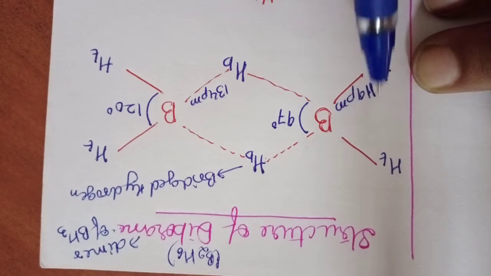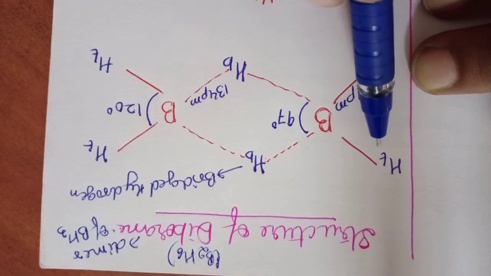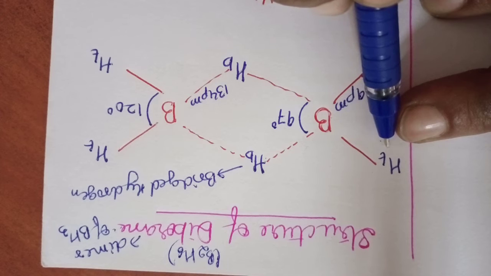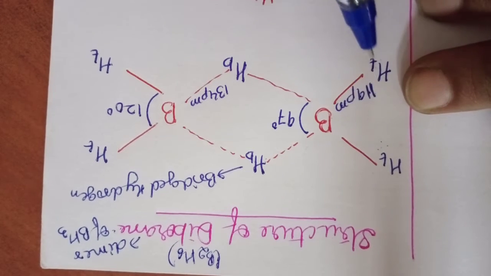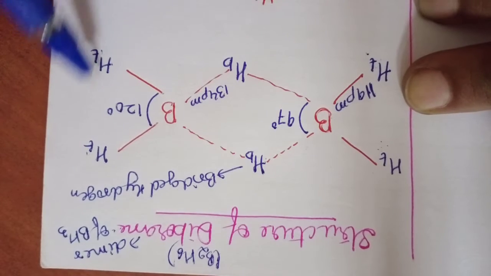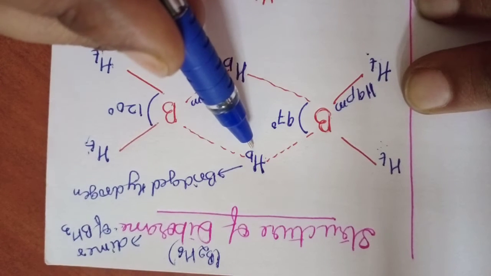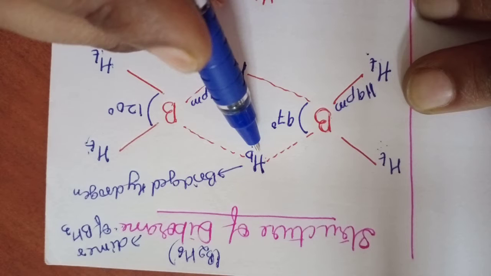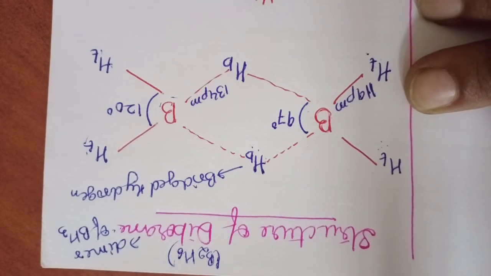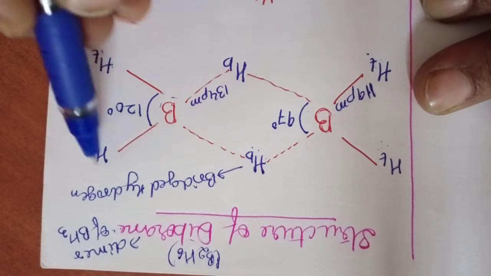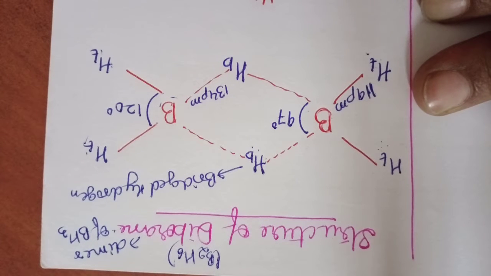I have given some names here: this hydrogen is HT, T because these are terminal hydrogens. Here also these are terminal hydrogens, and this is HB, a bridged hydrogen. It forms a bridge between these two boron atoms. So this is the structure of B2H6.